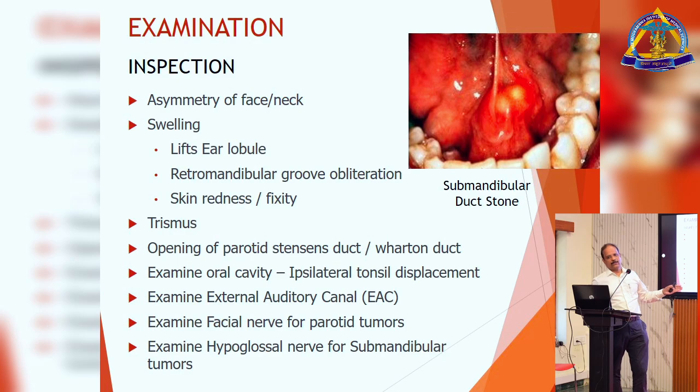You must look for facial nerve involvement branch-wise, and in case of submandibular, you must look for the hypoglossal nerve. Suppose there is a right-side submandibular malignancy and the nerve is paralyzed or infiltrated, the tongue will deviate to which side? To the same side, because it is pushed by the other side.